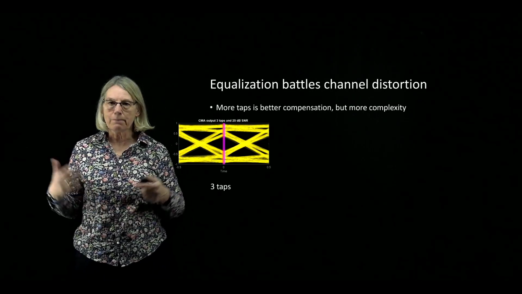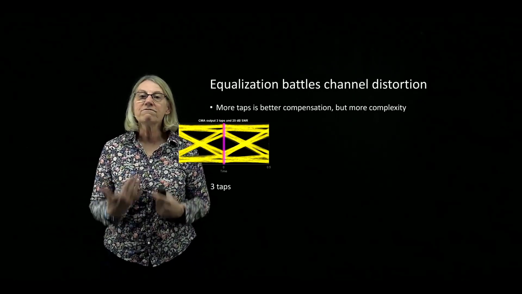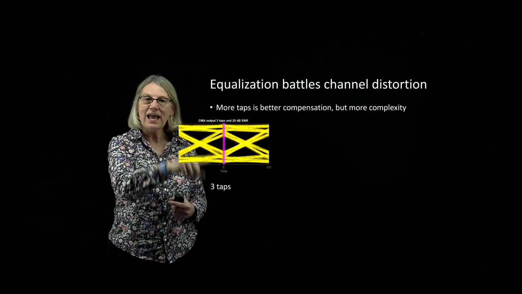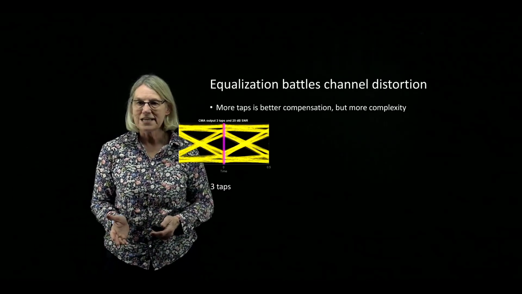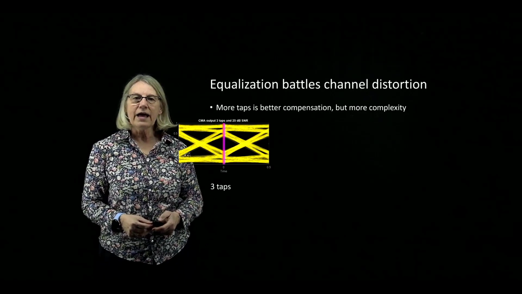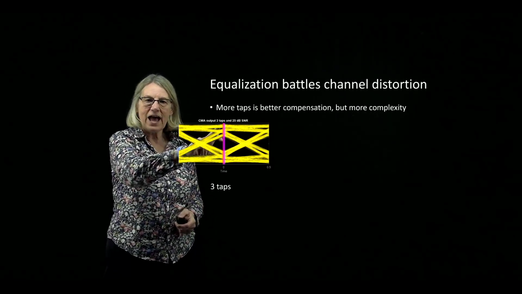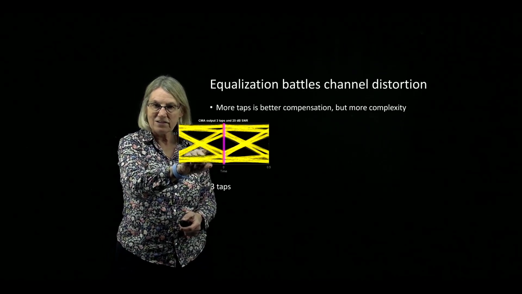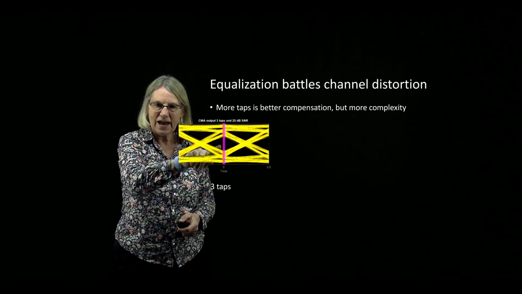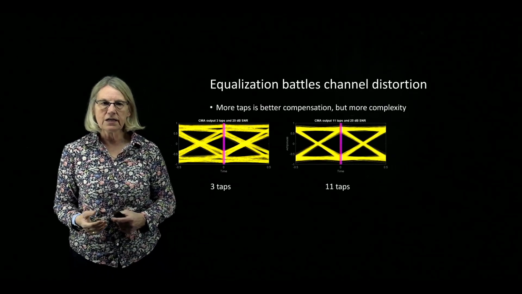Depending on how many taps I use, I will be more effective in my equalization. In this case, I have an example that's very, very simple, just a 3-tap equalizer. And you can see that I still have separation, very thick rails for the plus and minus 1, and the eye opening therefore is relatively small.